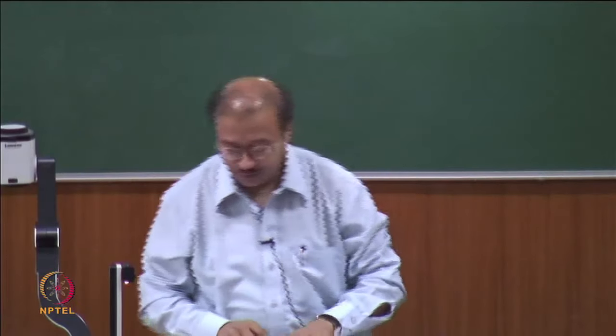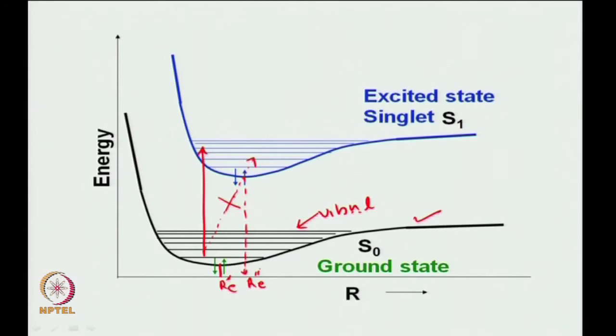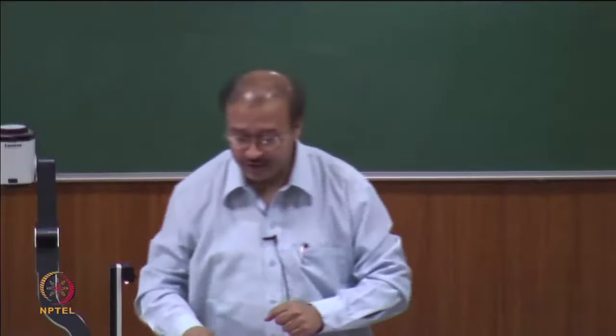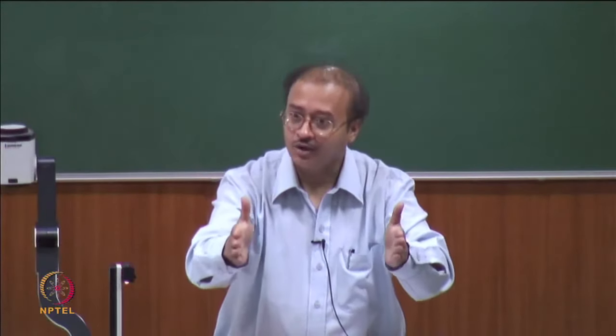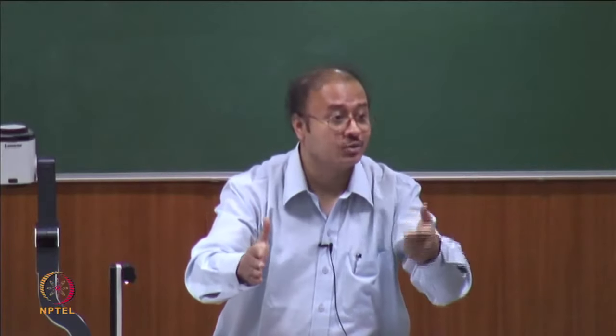So, for example, you look at this R, so this is say R1. At R1 what has happened? At R1 there is almost no attractive force between these two, that is where it has tailed off. Now, what you are doing is you are keeping the nuclei fixed at R1, and now you are solving the Schrodinger equation.